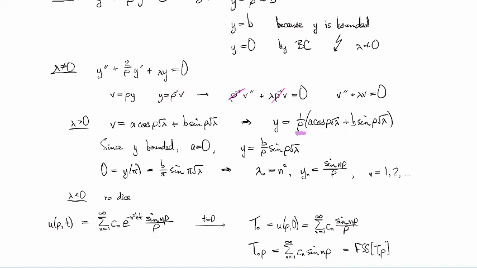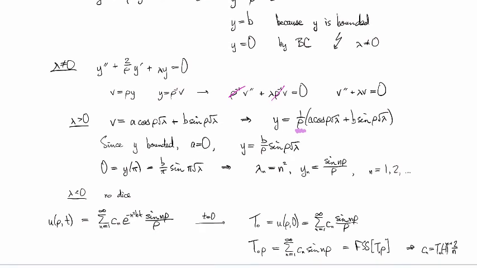Now you just have to compute those coefficients, and it turns out that C_n takes the form T0 times negative 1 to the n plus 1 times 2 over n.